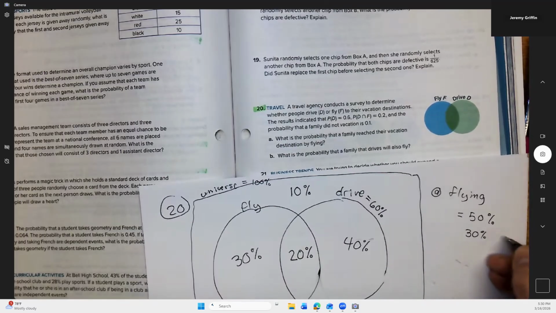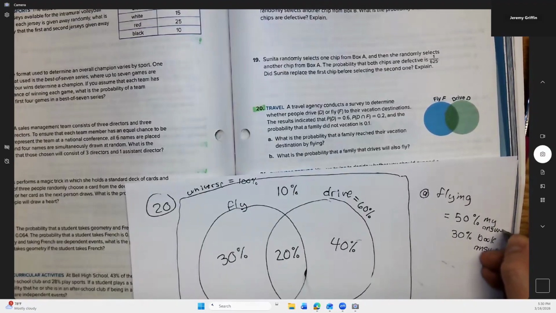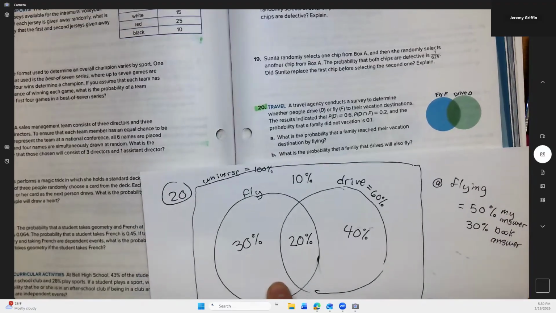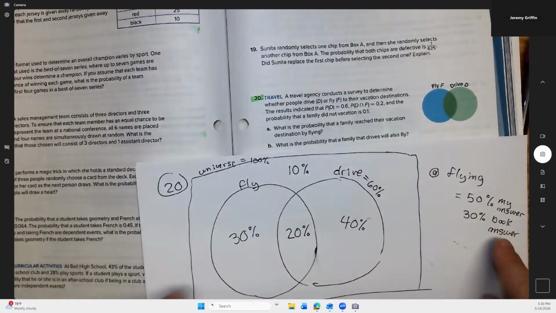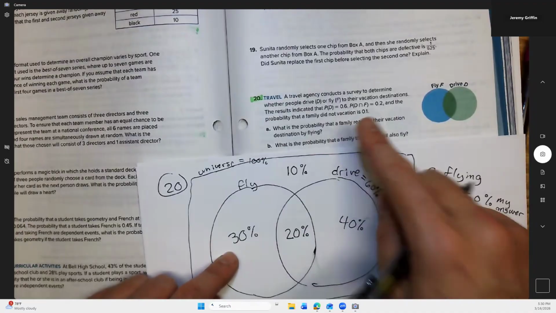I'll put 30% as the book answer, and 50% was my answer. I think it depends how you interpret it. So they're looking for strictly flying, only reaching the destination by flying. I might put in the word only.